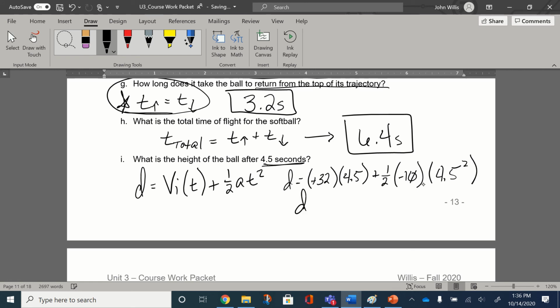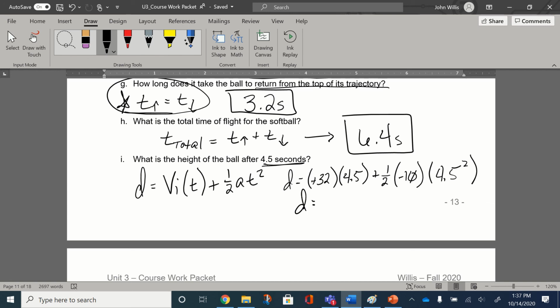Now, I haven't done this one yet, not in a while at least, so let's do it together. I have 32 multiplied by 4.5. I get 144. I am going to add that to half of negative 10 times 4.5 squared. Please make sure that 4.5 is the only thing that is being squared. Oops, sorry, I hit an addition sign instead of a multiplication sign.